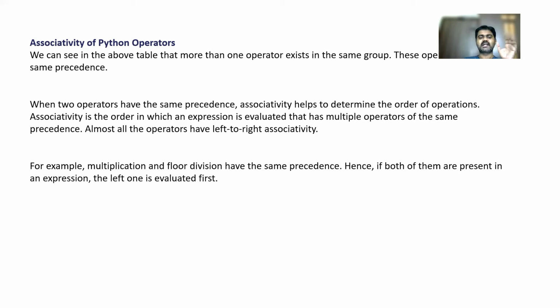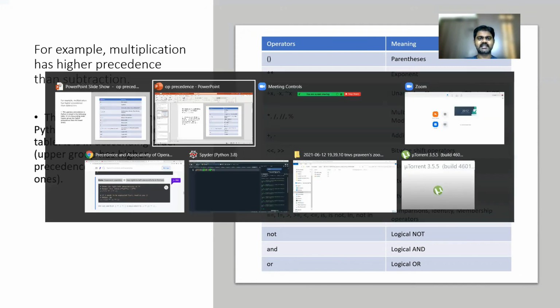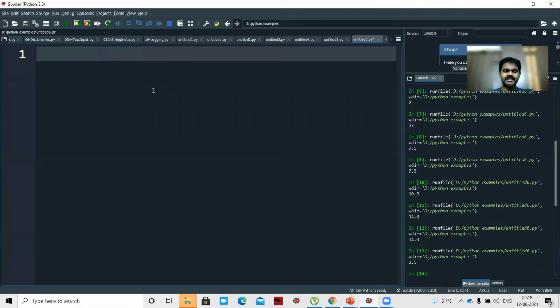Okay, so for example, what do we have here? Let's see the same associativity. We have star and divided by. Star and divided by have the same precedence. So let's take an example so that we'll solve the associativity.